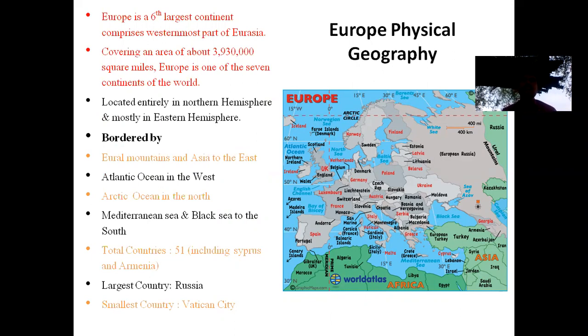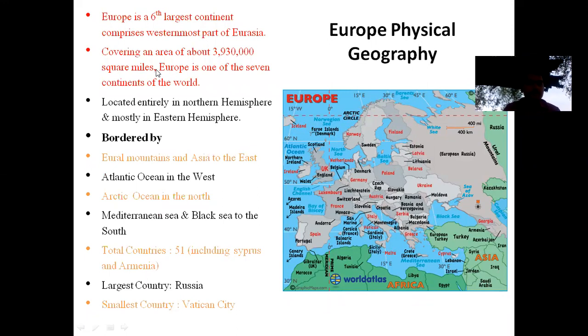As you know, Asia is the first, then Africa is the second, North America third, South America fourth, Antarctica the fifth, then the sixth one is our Europe, and the last and smallest continent is Australia. Europe lies in the Western Hemisphere, and the total area of this continent is 393,000 square miles.